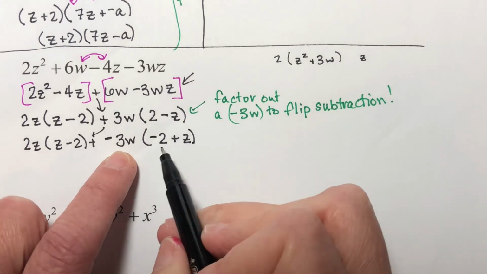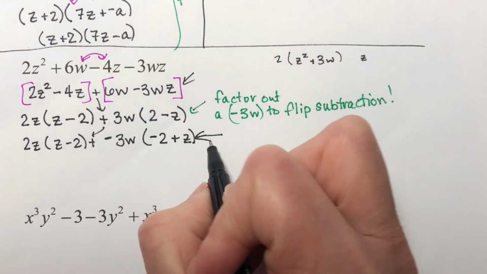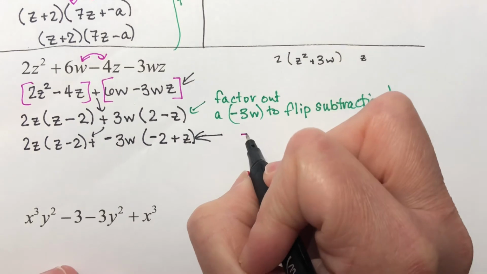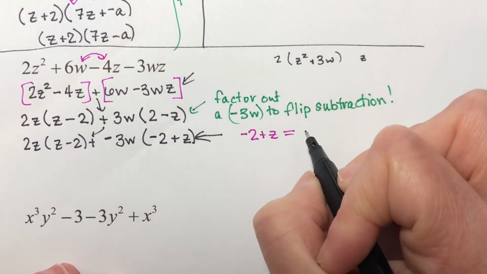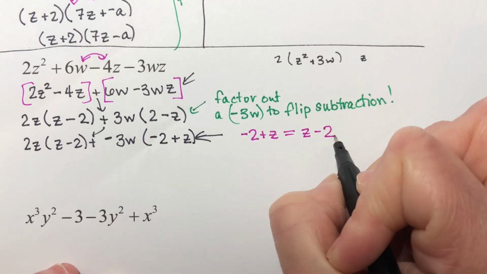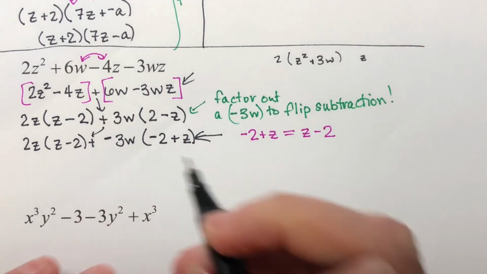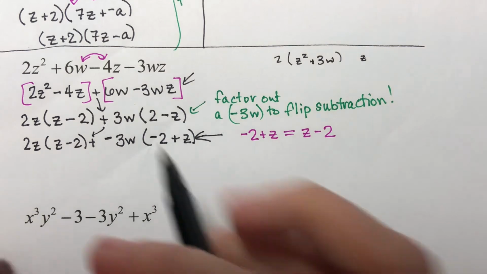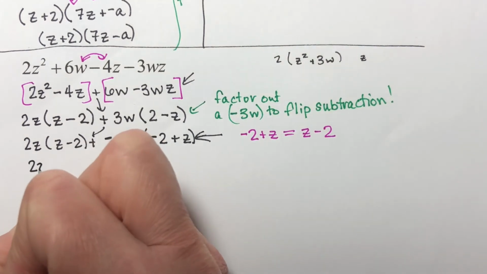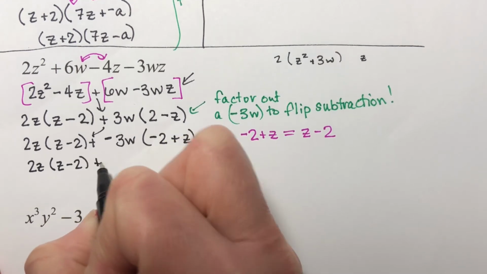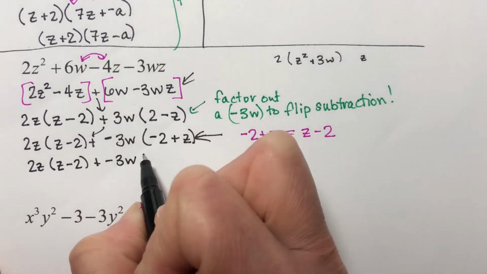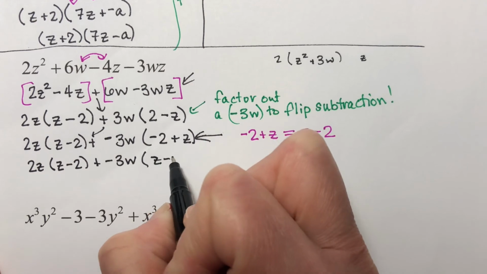Okay? Look what happened here. I have negative 2 plus Z, and this is exactly the same thing as Z minus 2. So now these two things are the same. I'm going to write out this step, and flip that around.